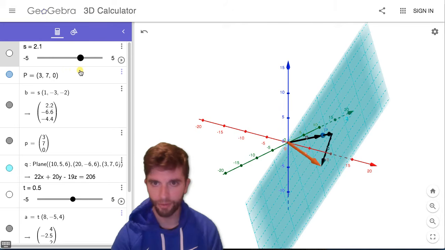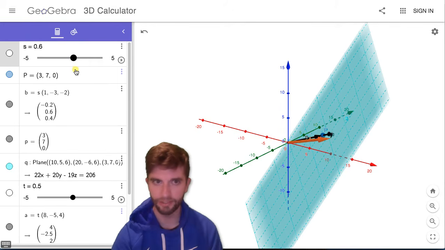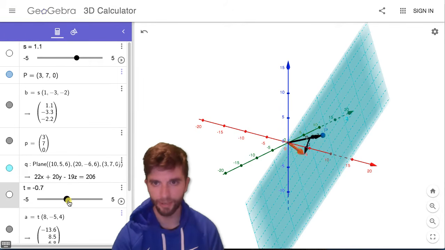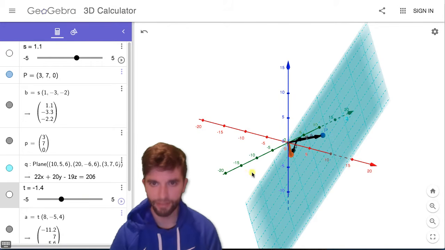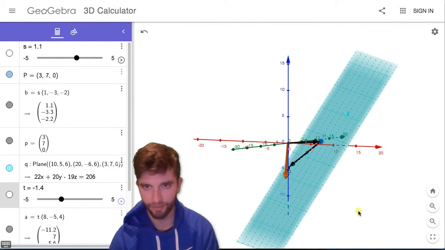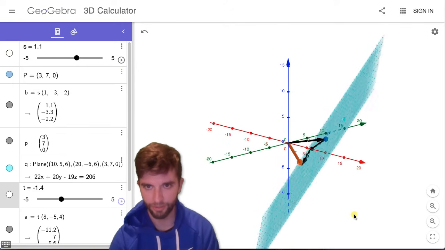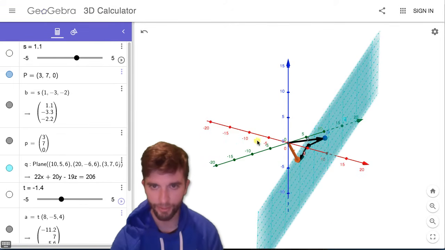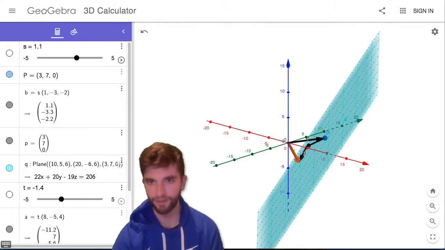And by varying those two scalar multiples of the direction vectors, I could be able to get to any point on this plane that I want to. So that resultant vector, the resultant of the position vector and the two scalar multiples of the direction vectors, allow me to have the resultant vector pointing to any point on the plane, so that resultant vector defines the plane.